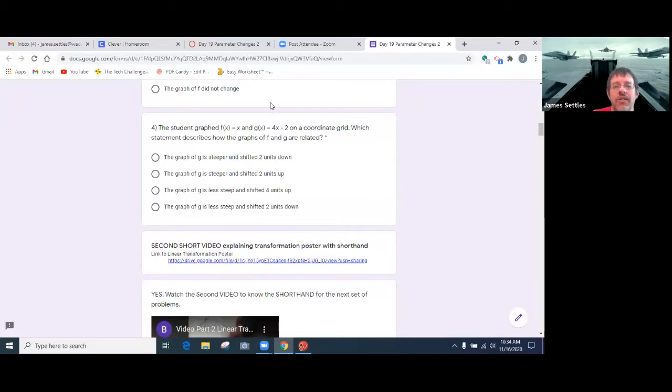Okay, so here they've made 2 changes. So here's what's called the parent function, and they made 2 changes. Now, they didn't do a positive or a negative, okay? So to me, slope is kind of the tougher thing when you're looking at this. This is what's easy to me. This is the y-intercept. And so y-intercept, if it's positive, you go up.